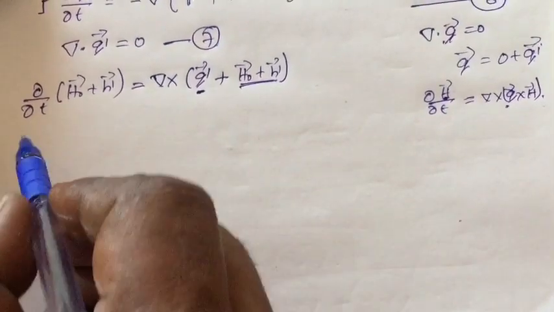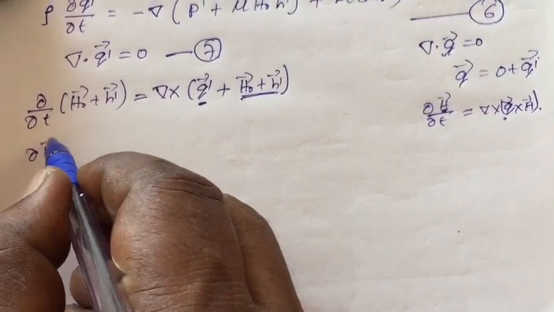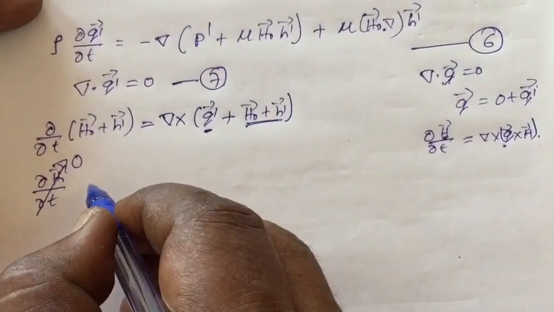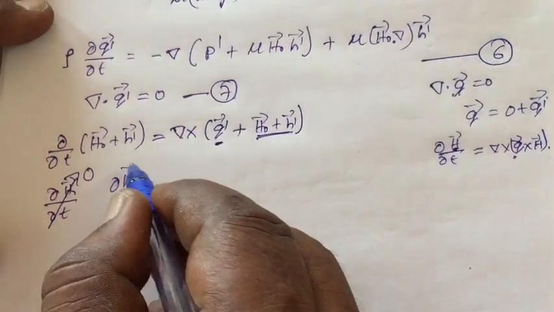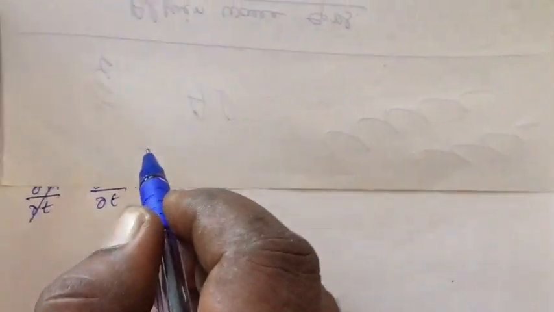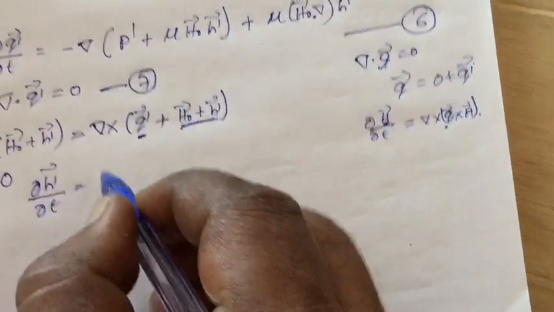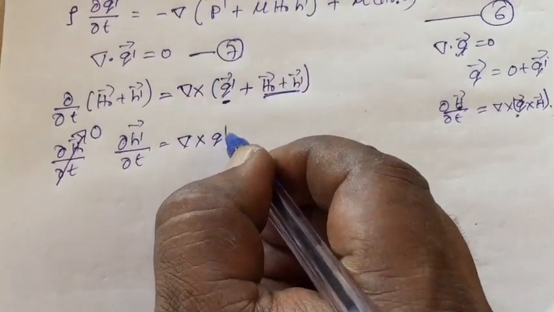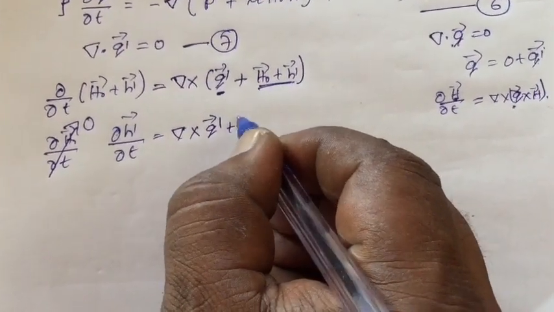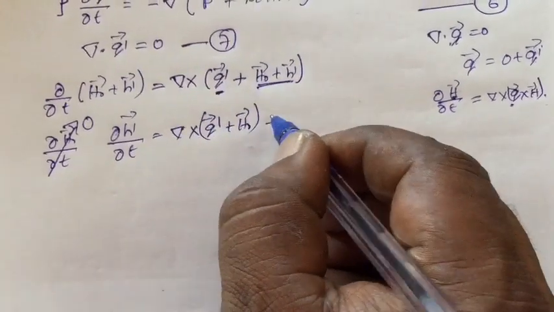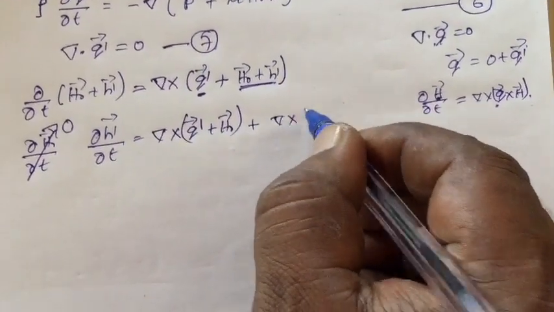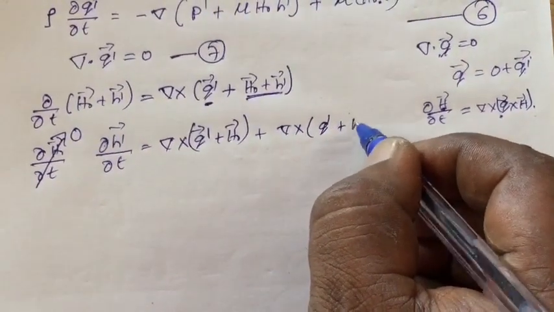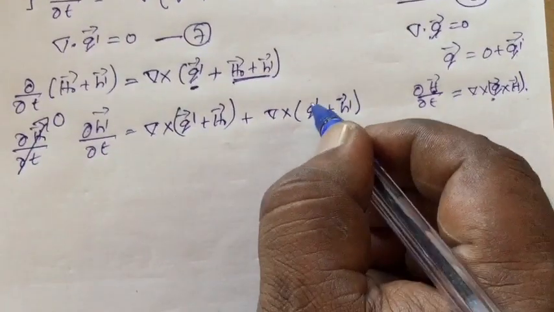Now, del h naught by del t becomes 0 because it is constant, and the remaining is del h dash by del t is equal to curl of q dash cross h naught plus curl of q dash cross h dash.